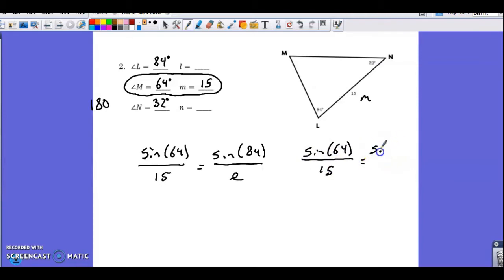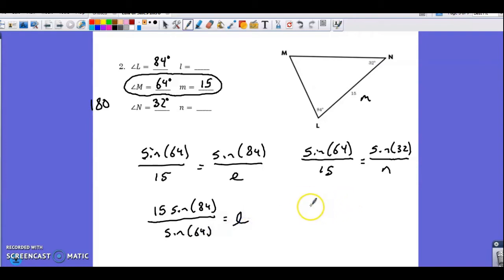And to get N, it'd be the sine of 32 over N. Cross multiply the two you know, so 15 sine 84 divided by the leftover sine of 64. That'll give you your L. Then in the calculator, 15 sine of 32 divided by sine of 64. That'll give you N.